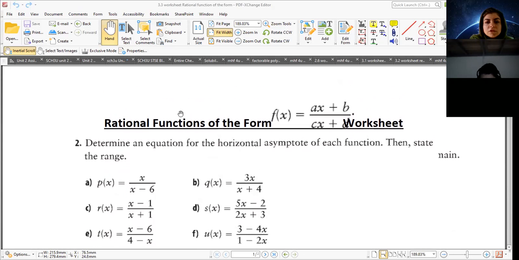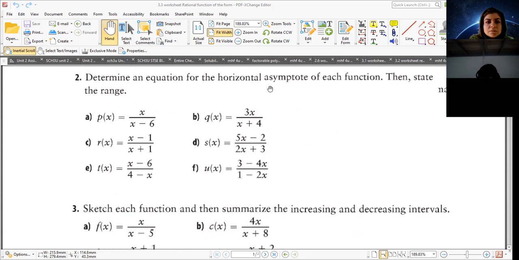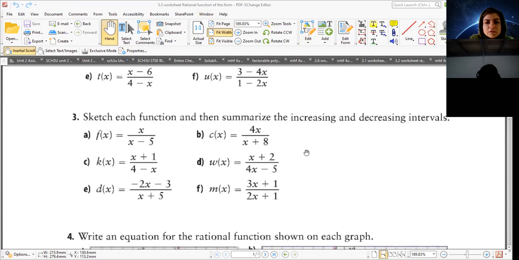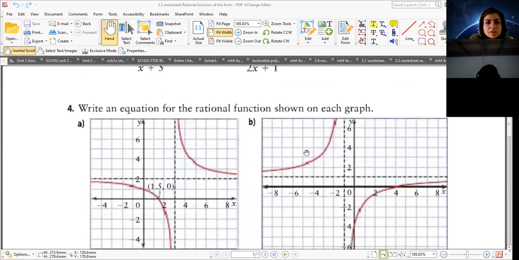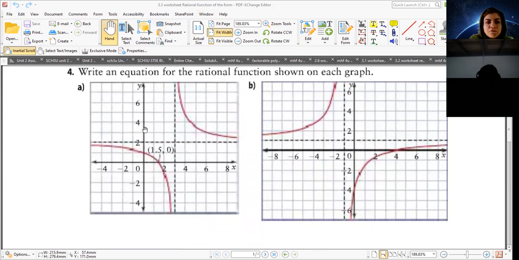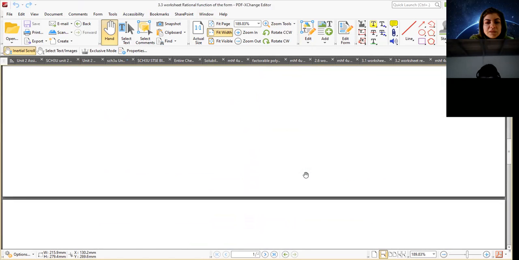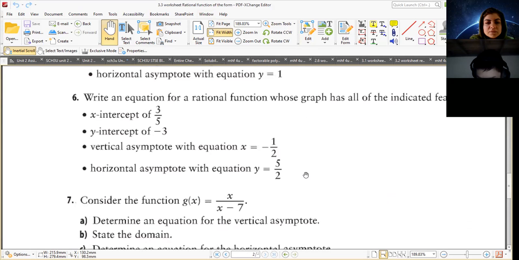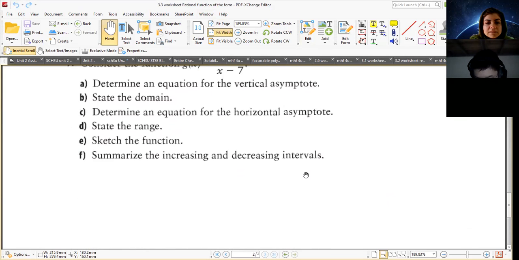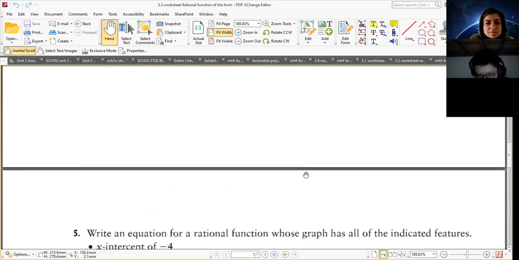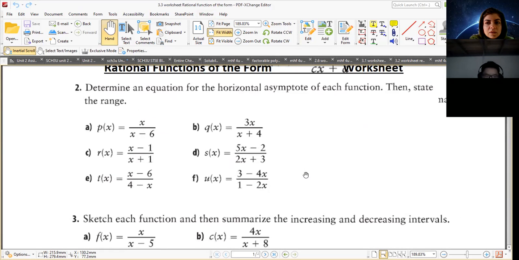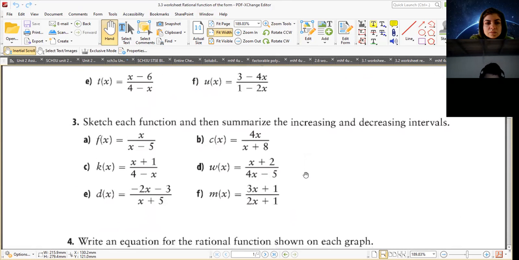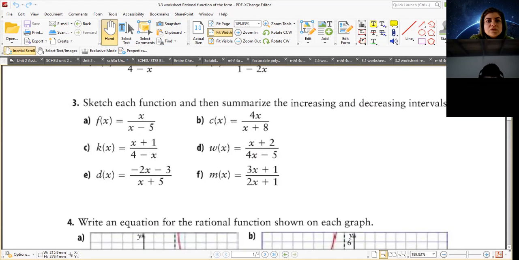So here is the worksheet, okay? Let's just do sketch the function, summarize increasing, decreasing, and write the equation of the rational function. Sorry, let's just do it again.